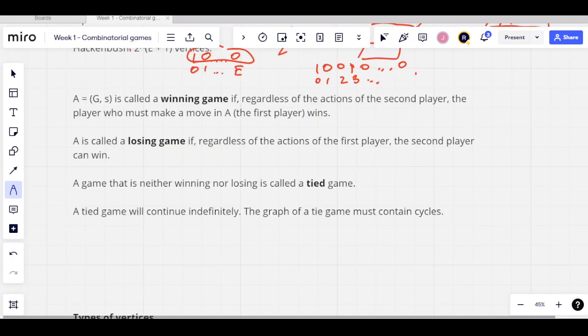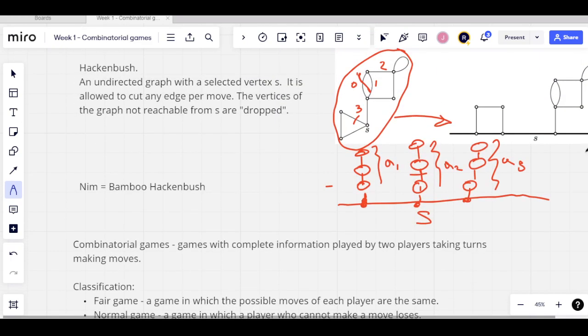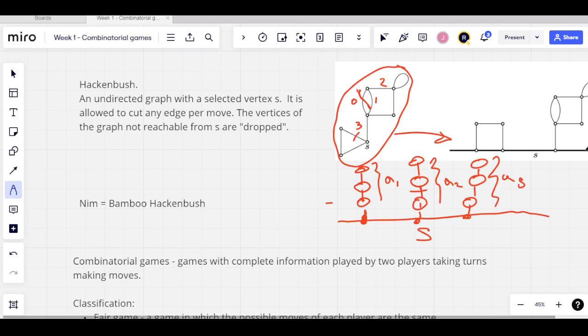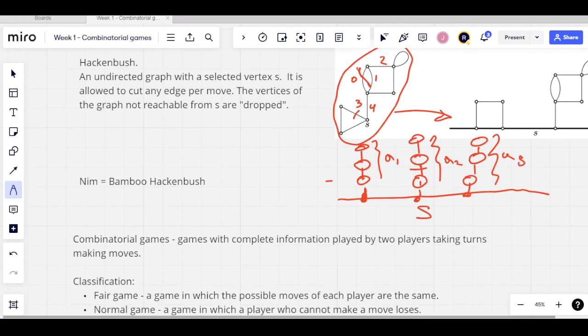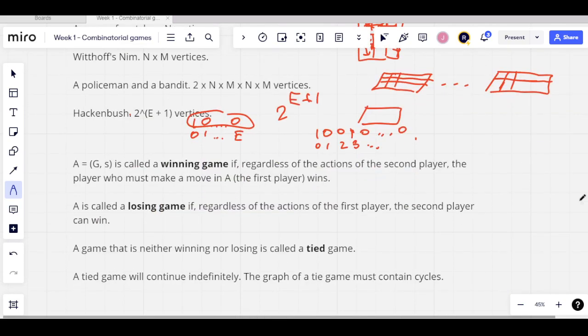For example, if we cut edge 4, from our state that describes it like this, null, null, that means no edges are cut.